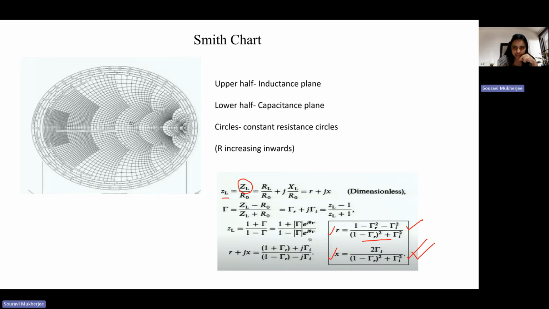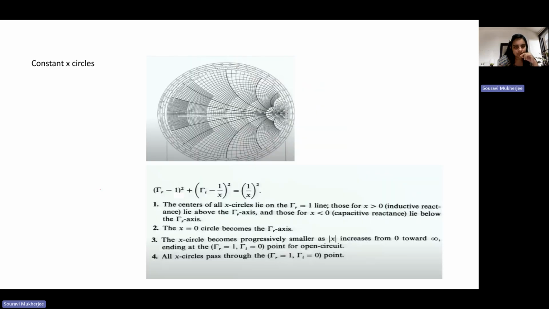So now again, if we rewrite this, we again get an equation of a circle, right? These arcs, as we were saying, are a part of a bigger circle, and those circles are the constant X circles. Constant X meaning constant impedance reactance circles.